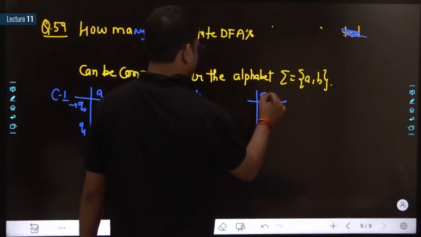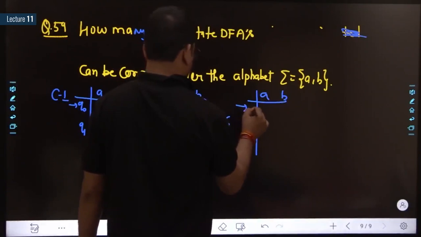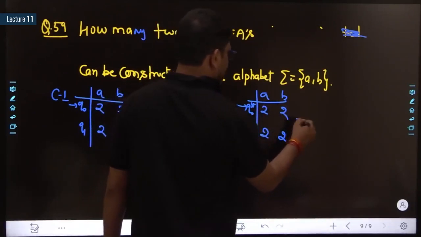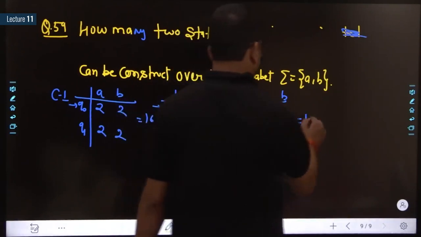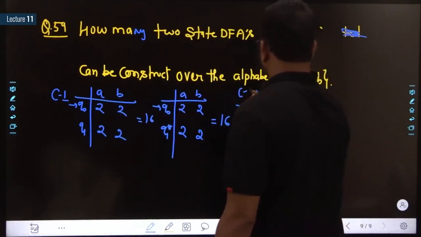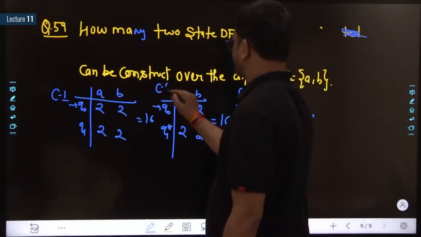Case 3, A, B, Q0 is the final state, 2, 2, 2, 2. 16 DFAs.